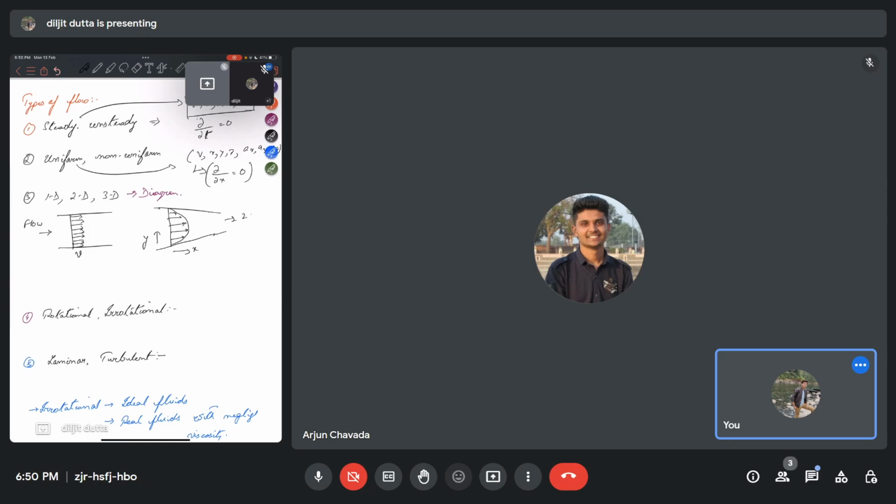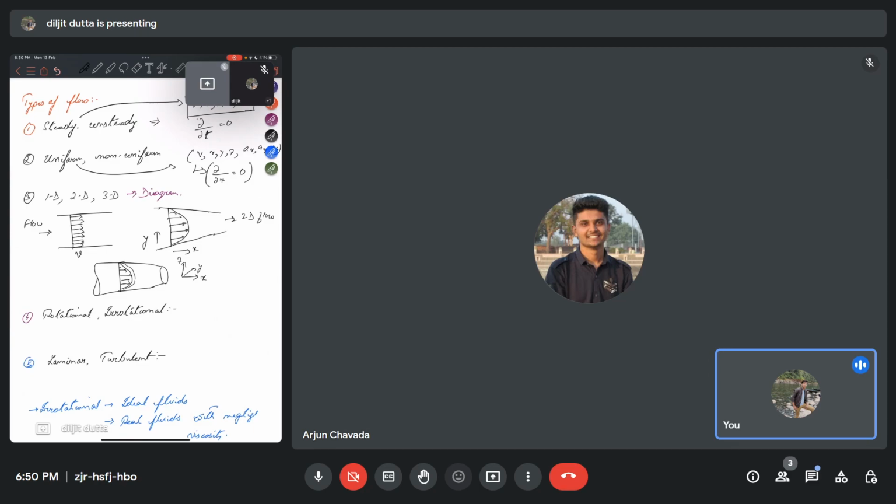So this is 2D flow, and if we take a 3D flow, in that case velocity will be varying in, I can't show 3D properly, it will be varying in both x, y and z.